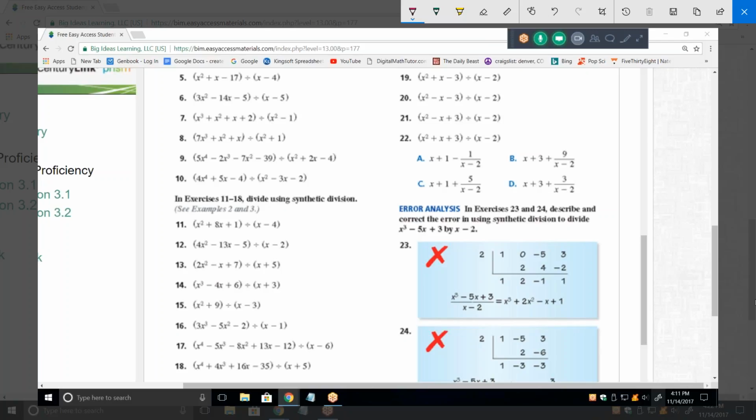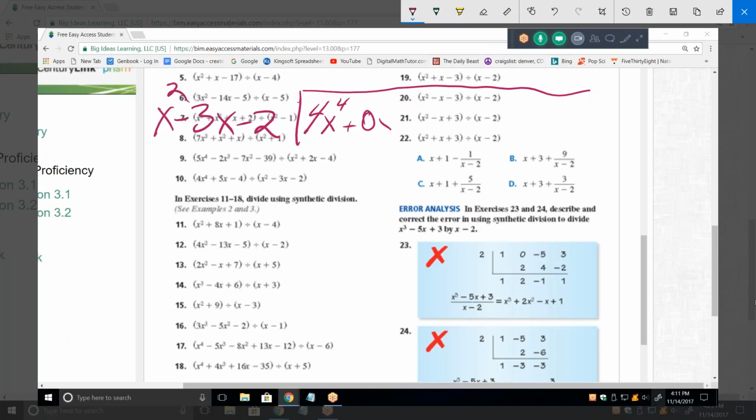x squared minus 3x minus 2 into 4x to the fourth plus 0x to the third plus 0x squared plus 5x minus 4.